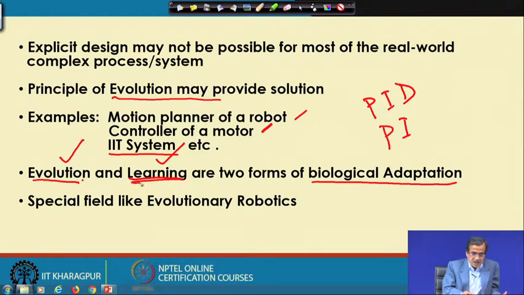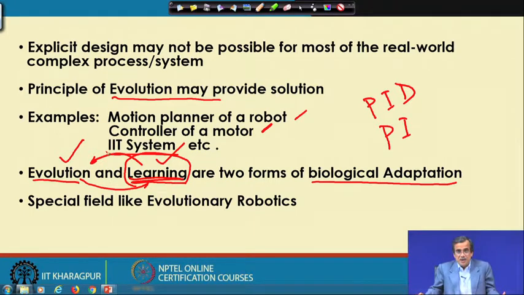If I can learn some good things, those good things will be passed to the next generation, and if we can cultivate these good habits and pass them to the next generation, there is a chance the rate of evolution is going to increase. So, it is going to accelerate the rate of evolution. So, evolution is going to help learning, and at the same time learning is also going to help evolution. So, they are going to help each other, and consequently it accelerates the rate of biological adaptation.